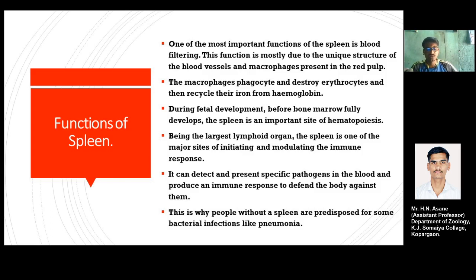Another important function of the spleen is that it acts as a filtering organ, as I said, and the phagocytic cells remove foreign particles like bacteria and degenerating leukocytes from here. So these are some important features and the histology of the spleen.